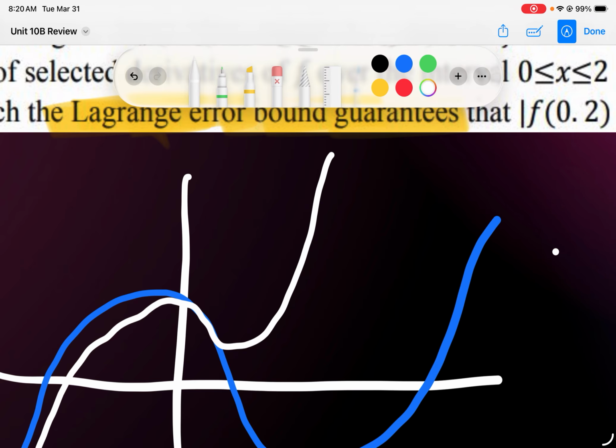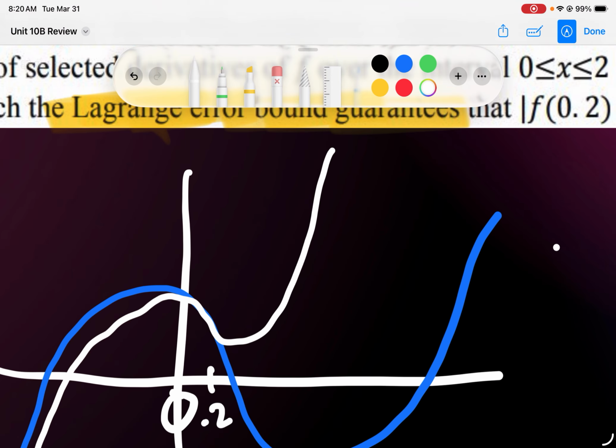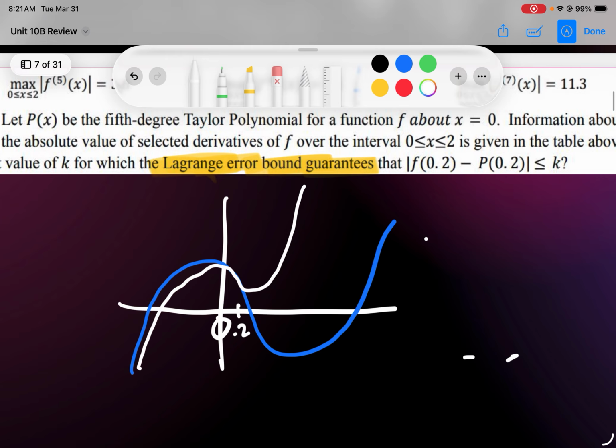What we're trying to figure out is, at point 2, how far off is our approximation? It might not be very far off at all. The further I get away from my center, the bigger the error has the potential to be.